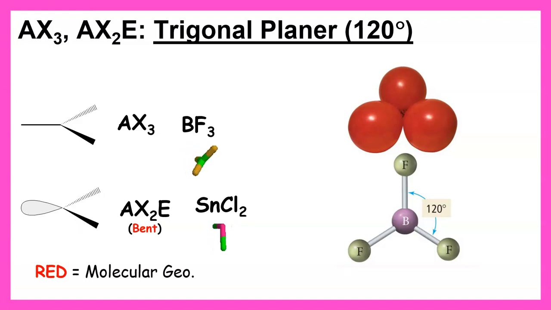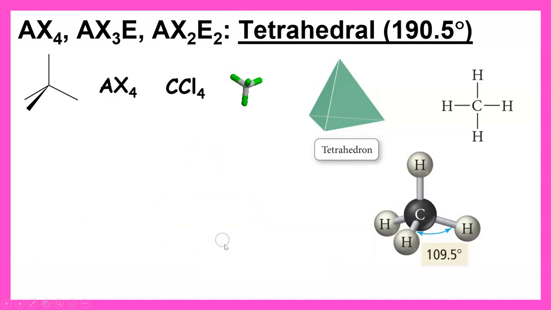Now let's go add a fourth item. We're going to stick one more on. Your Lewis structure might look like a cross, right? One on top, one on the bottom, but that implies that it's flat. It's not flat. If this was flat, you would have 90 degrees between everything.